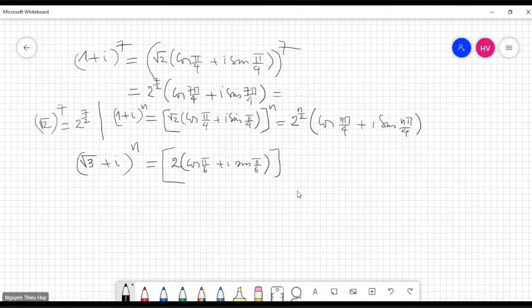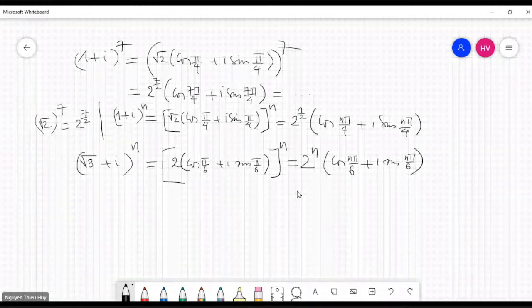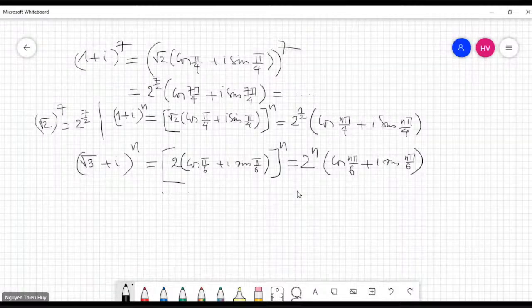Raised to the power n, and here you have 2 to the n by the formula that we had before, multiply cos of n pi over 6 plus i sine n pi over 6. Good. And whatever, you can do any, even when the angle is not nice, and you just try cos of phi or cos of arctan or something, no problem.